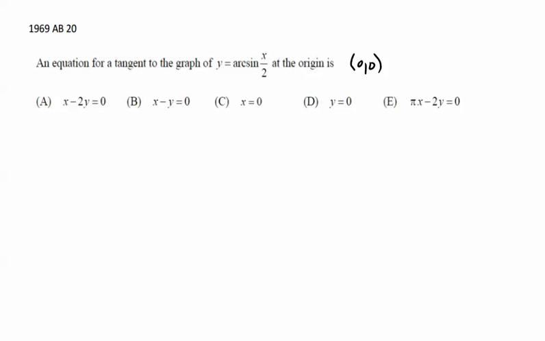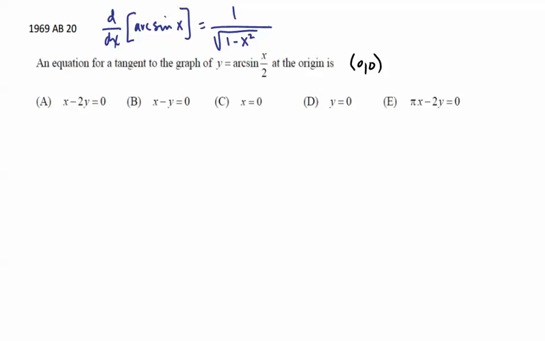Just to recall, the derivative of arcsine of x is 1 over the square root of 1 minus x squared. And here we're going to have a chain rule because our inside function is not just x but x over 2.